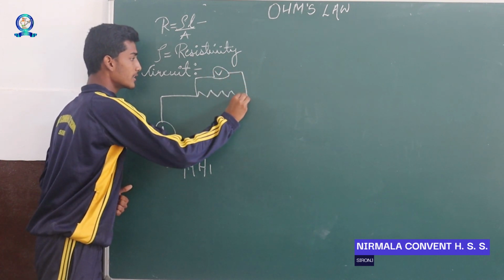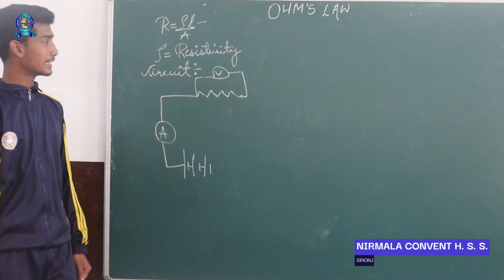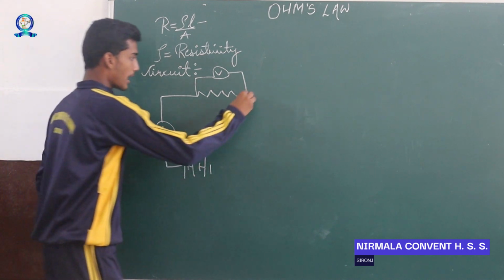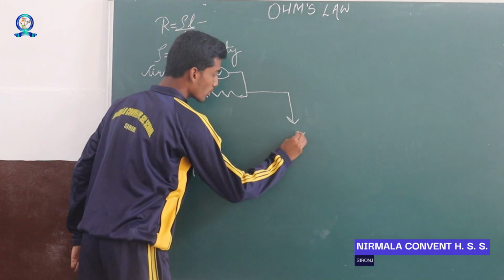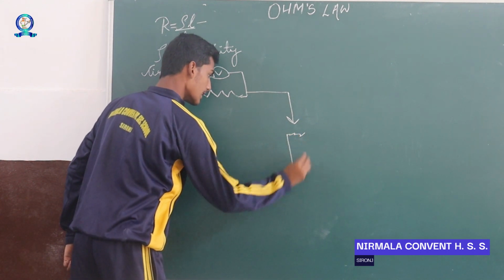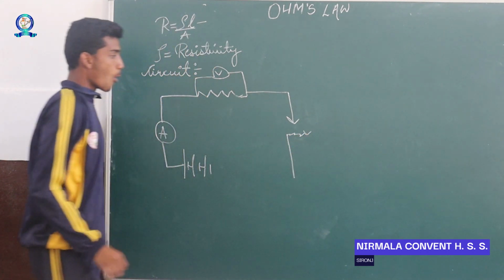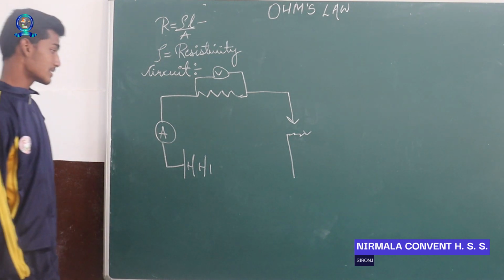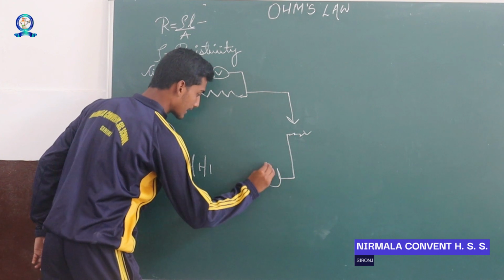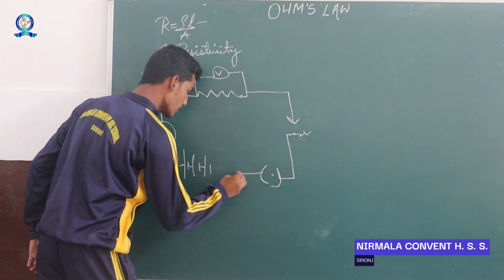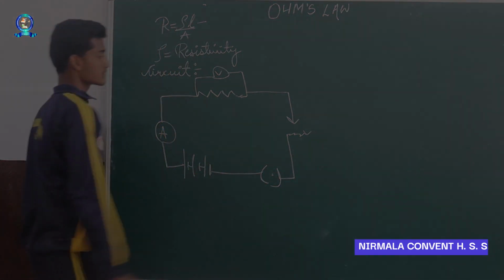As we know, this voltmeter is always connected in parallel. And here we will connect a rheostat. This rheostat will help in varying the resistance. And to this rheostat we will connect a key. And this will complete the circuit.